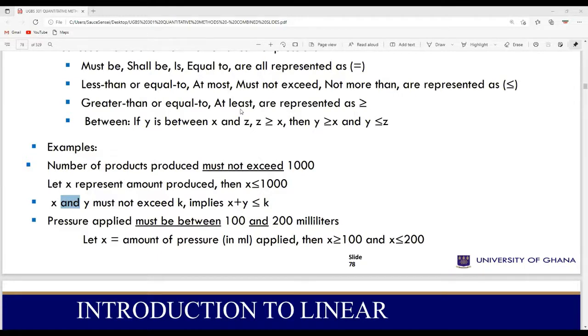So let me share that one on the whiteboard. All right, so we are saying that forming components in linear programming formulation, right? So we have four main components in linear programming formulation.